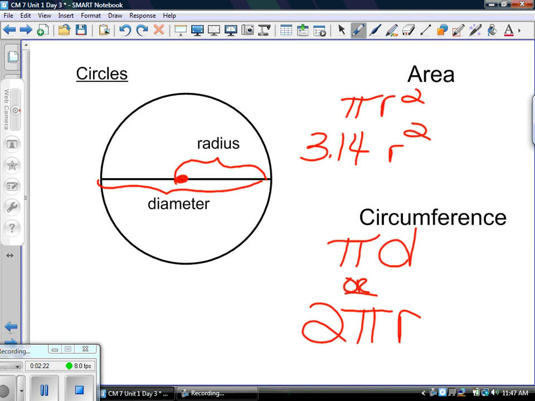If you ignore the fact that they both have pi in them and just look at the remaining pieces, you will notice that you're left with the diameter in one and 2 times the radius in the other. If you think back to our discussion on the relationship, the diameter is 2 times the radius. Therefore, it does not matter which version of this formula you use.